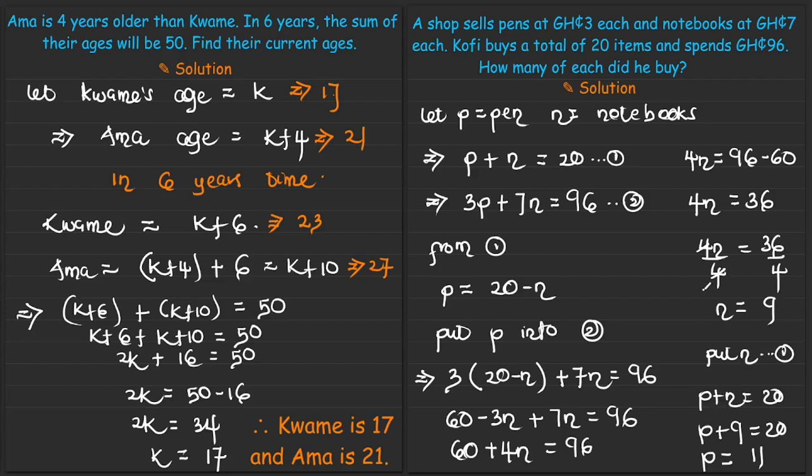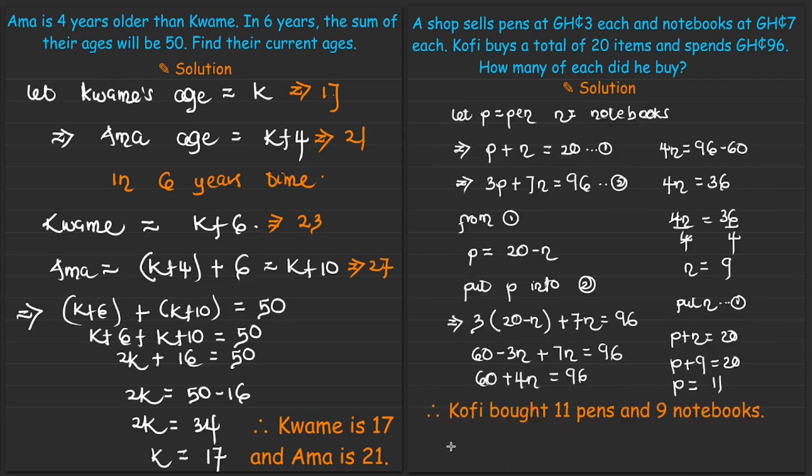So we have gotten the number of pens bought and the number of notebooks bought. Hence, we can conclude by saying, therefore, Kofi bought 11 pens and 9 notebooks. You can check by doing your necessary substitutions.